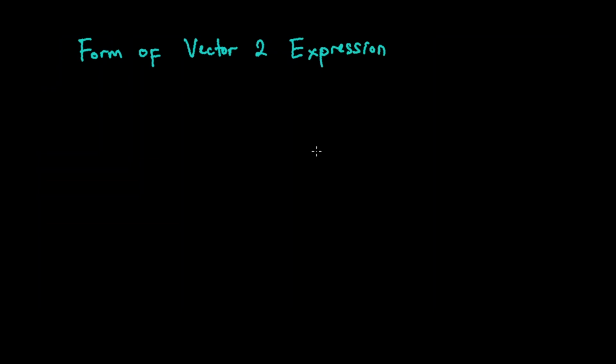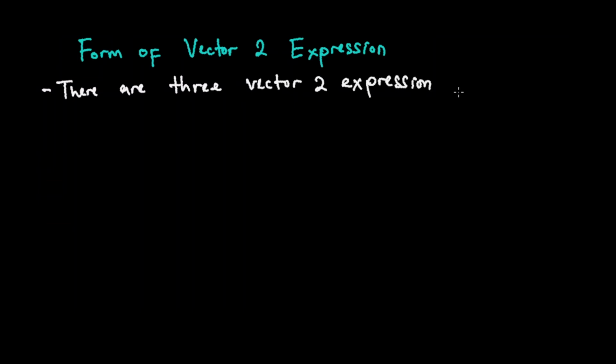So the equation of a line can be expressed in vector form, in the parametric form and Cartesian form. So there are three forms of expression, the vector 2 expression forms. They are all important.